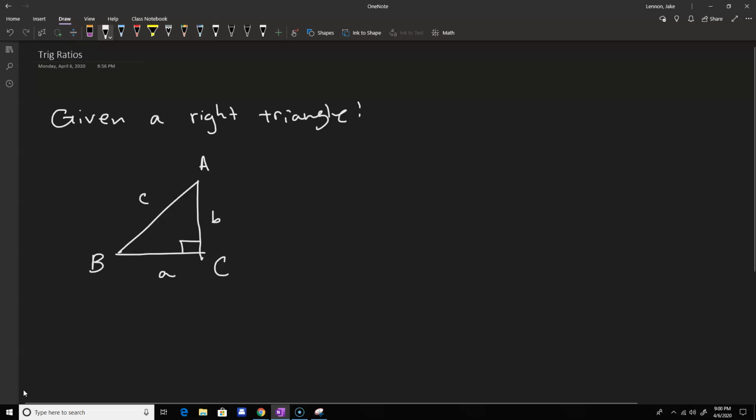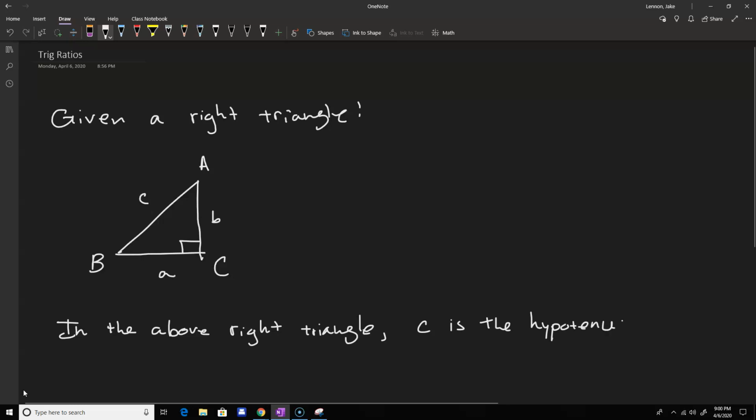So let's recall in the above right triangle, C is the hypotenuse, and all the hypotenuse means is the side opposite the 90-degree angle.